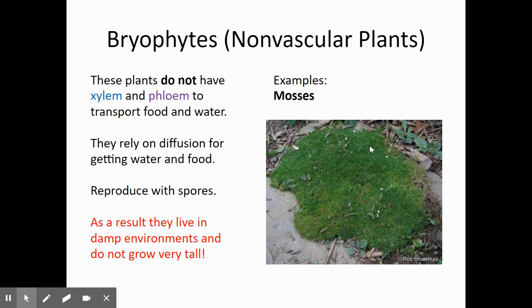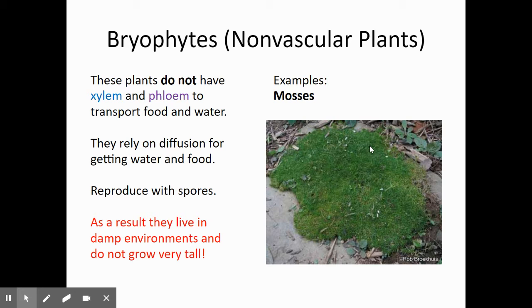Our first group are the bryophytes. These are sometimes also referred to as non-vascular. Because they are non-vascular, they do not have xylem to transport water, and they do not have phloem to transport food. So these particular plants will usually live in damp environments so that they can get water through diffusion.